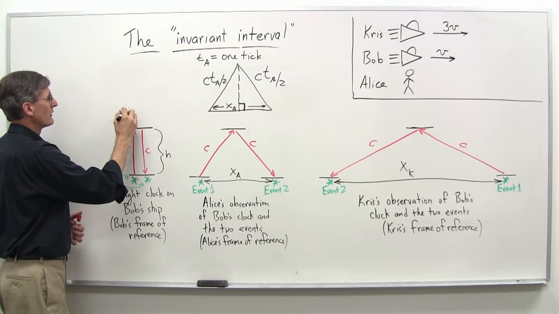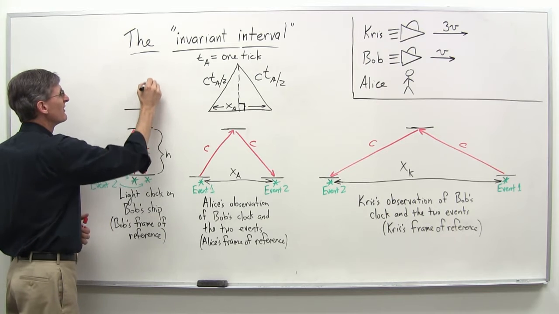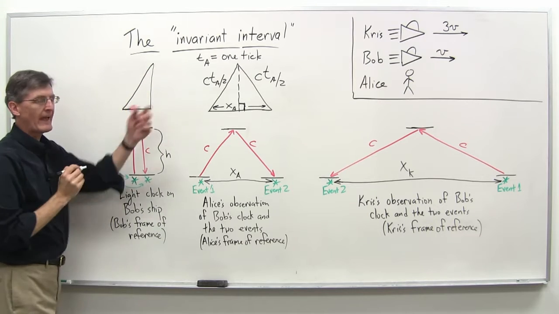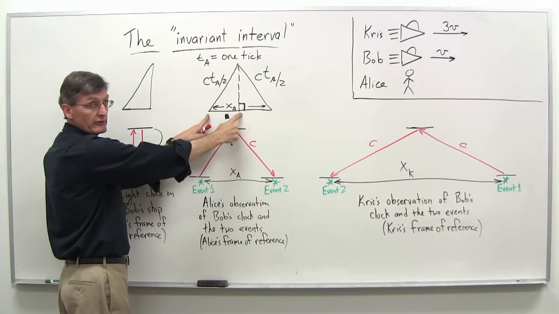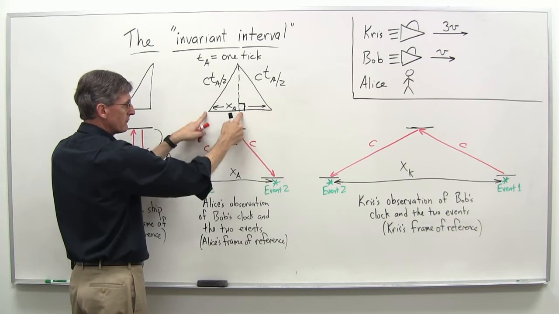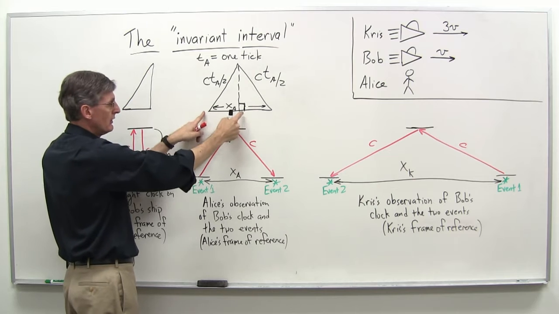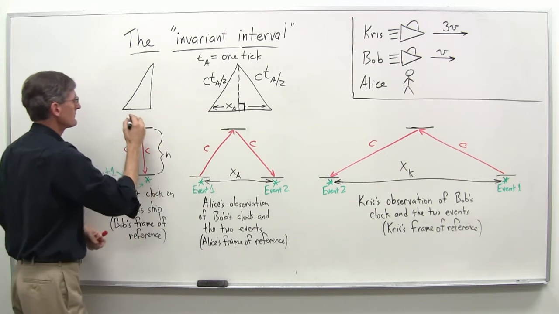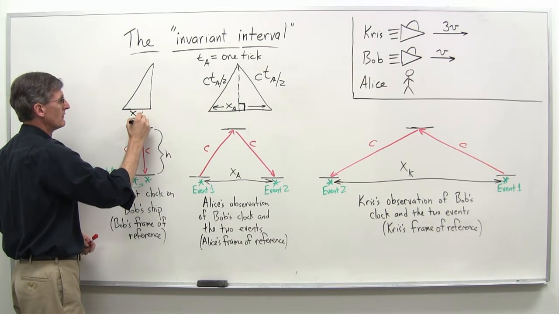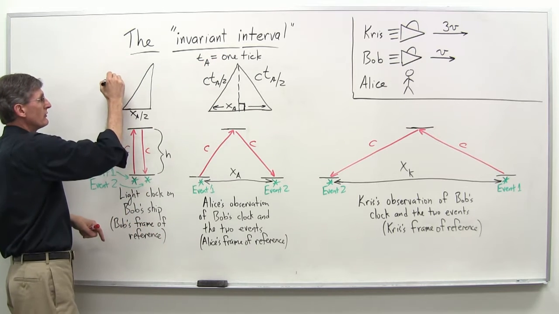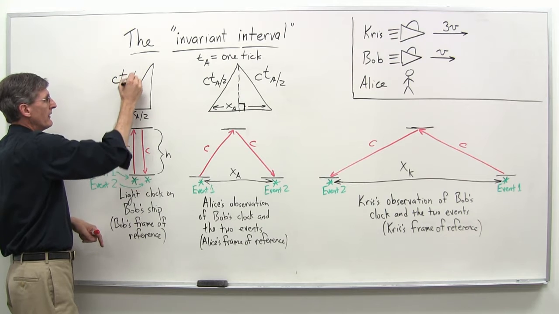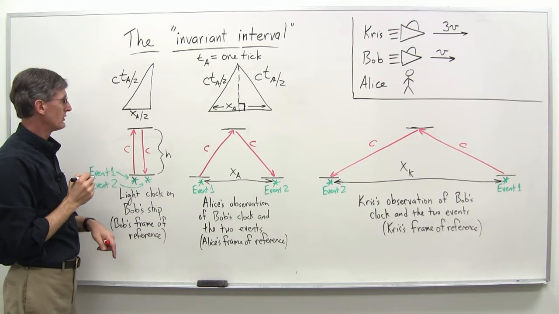This is the triangle we're going to apply the Pythagorean theorem to. It's essentially half of that triangle. So this distance here is half of the whole distance by symmetry. We've cut it down the middle here. So this is xa over 2. This light here is c ta over 2, speed of light times half a tick by definition.